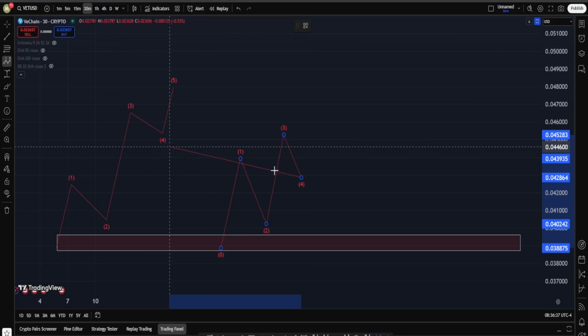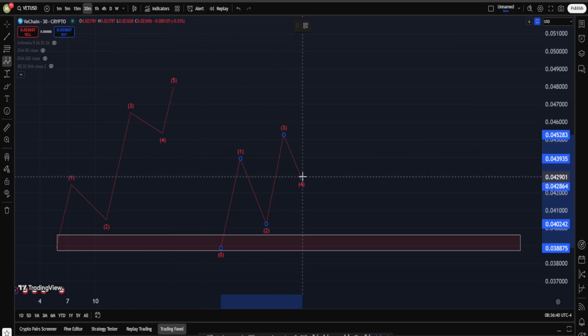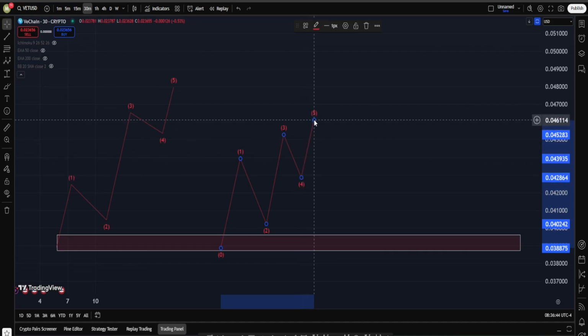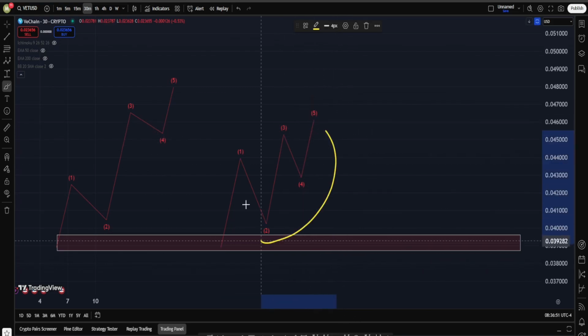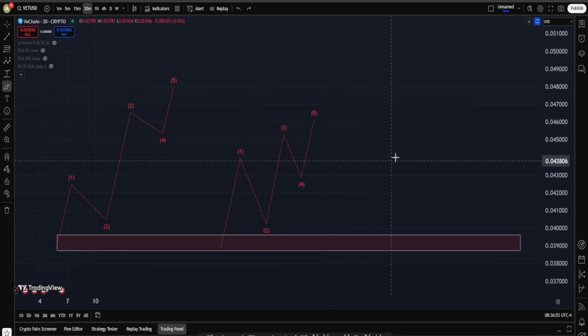Unlike a normal 5 wave, here we must have overlapping of the waves, and wave 4 has to be smaller than wave 2, and this is our final move up into wave 5, which is going to be the smallest wave in this structure. And again, notice, even in this example, wave 3 is not the smallest wave.